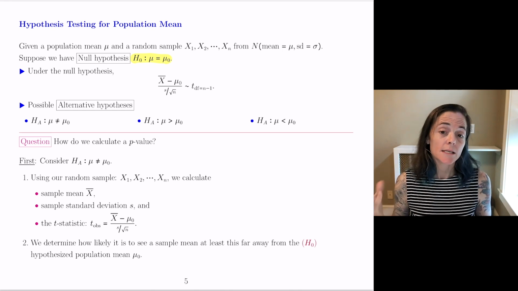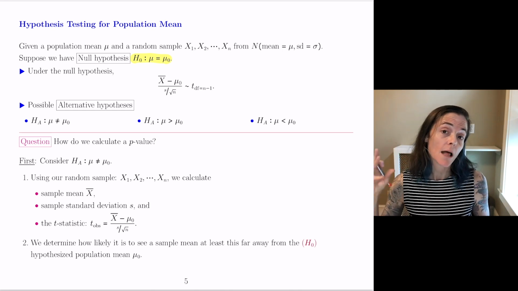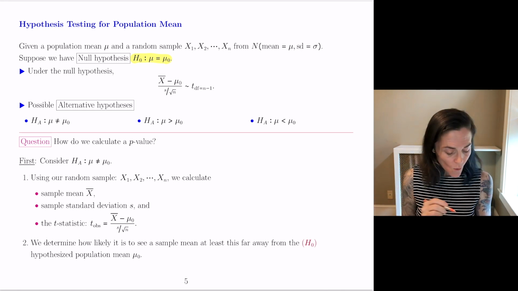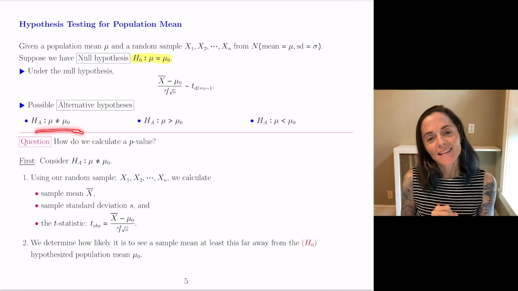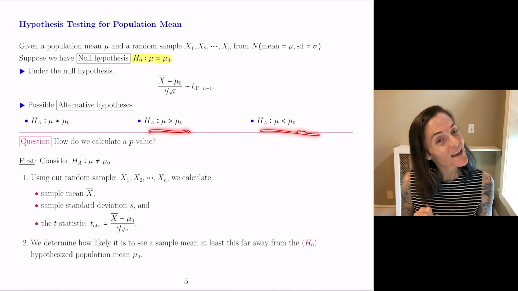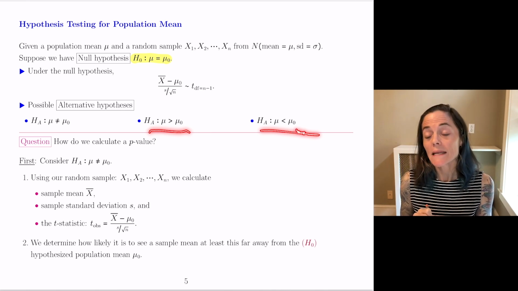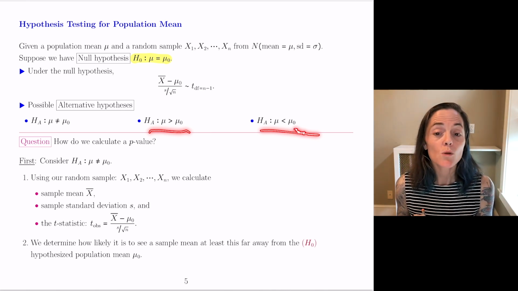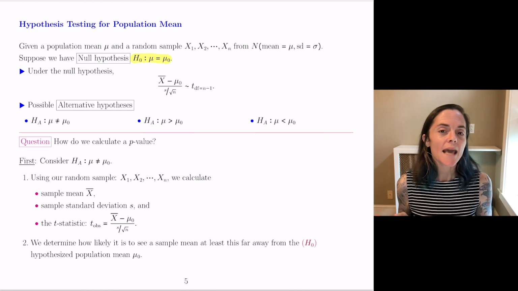So in this case, we have 3 possible alternative hypotheses. One is just that the mean is not equal to mu 0, but then we have these 2 others. Either the mean is bigger than mu 0 or the mean is less than mu 0. So the question becomes, how do we calculate this p-value?